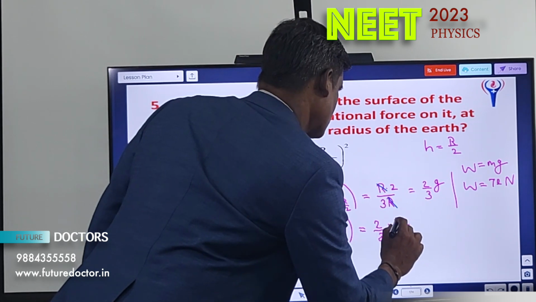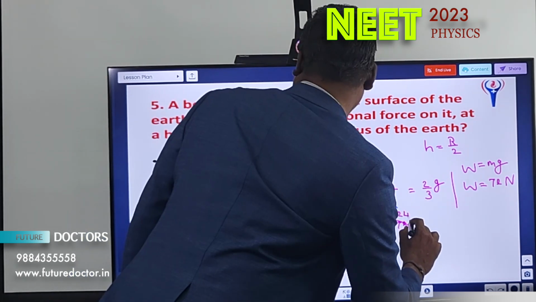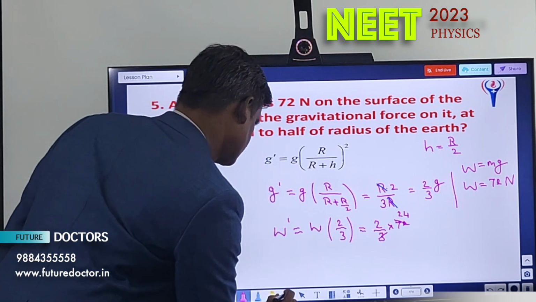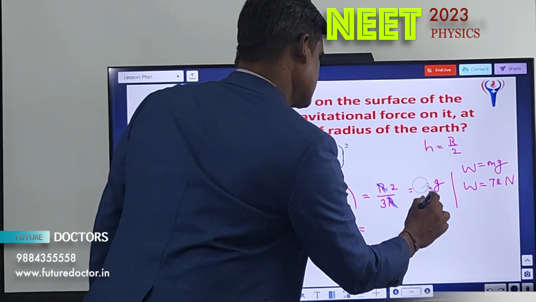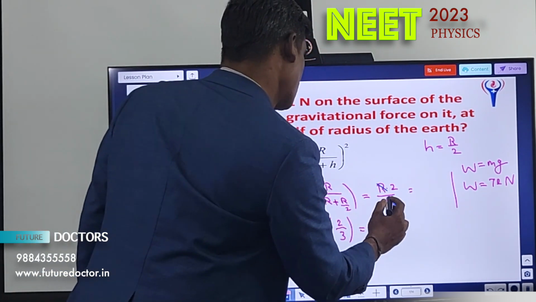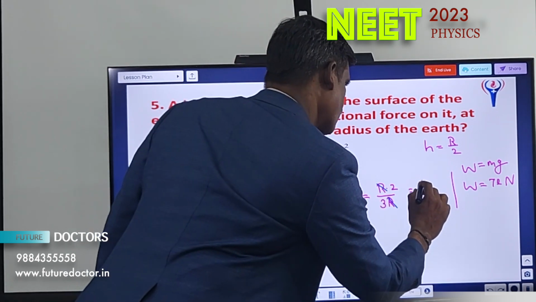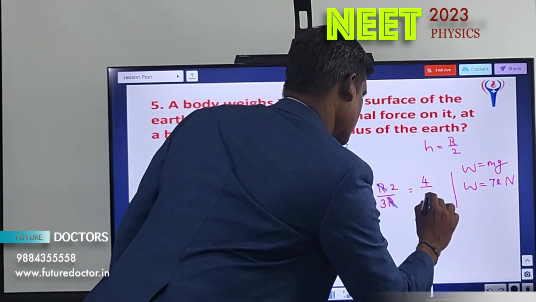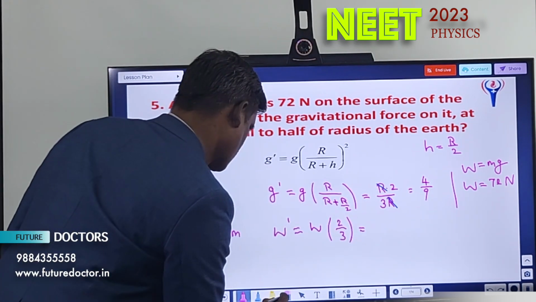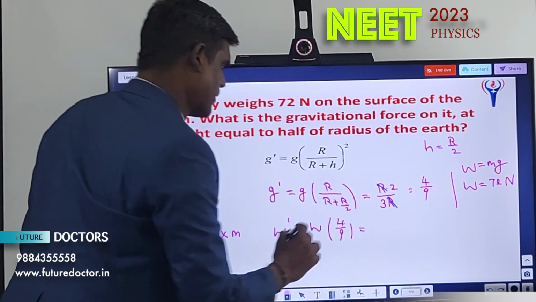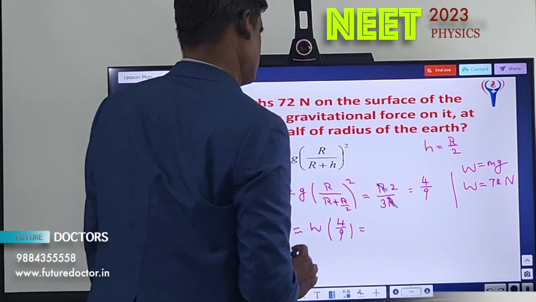Then 3 2 6, 3 4 12. The weight, we measure square. Yes. So 2 by 3 of this one means 2 square is 4, 4 by 9. Therefore, here also 4 by 9, because whole power 2 is there. Here whole power 2. Is it so?